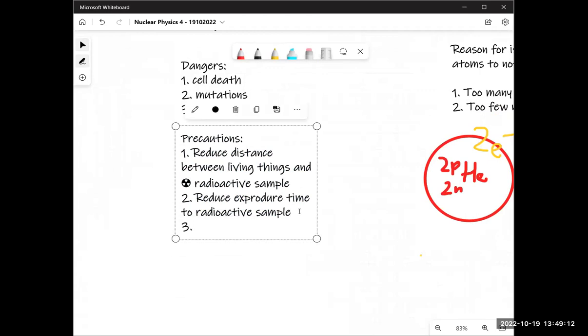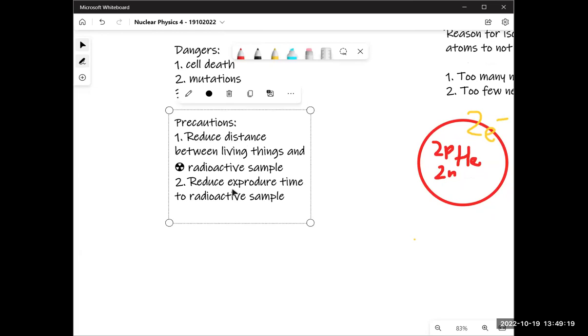Third we have is keep away from body. Pick up with tongs and not bare hands. 5.